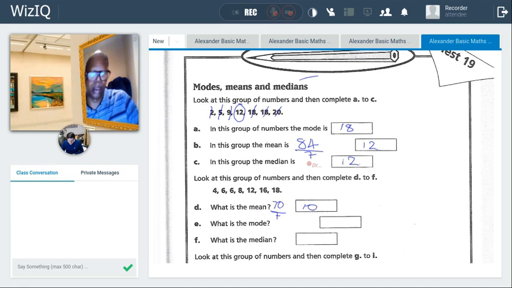What's the mode? That is 6. What's the median? 8. Yes, the median is 8.